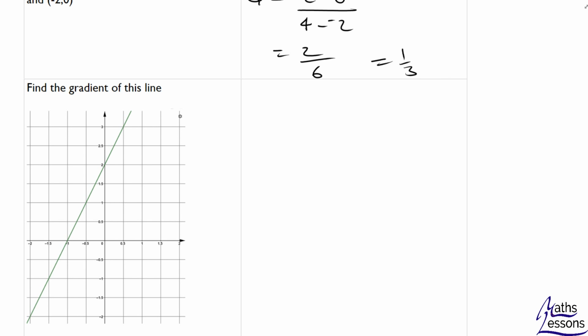I'll give you 30 seconds on that, and then we'll move on from here to look at equations of lines.